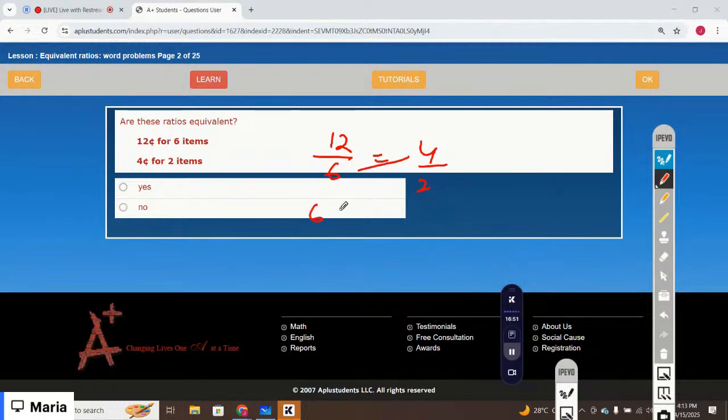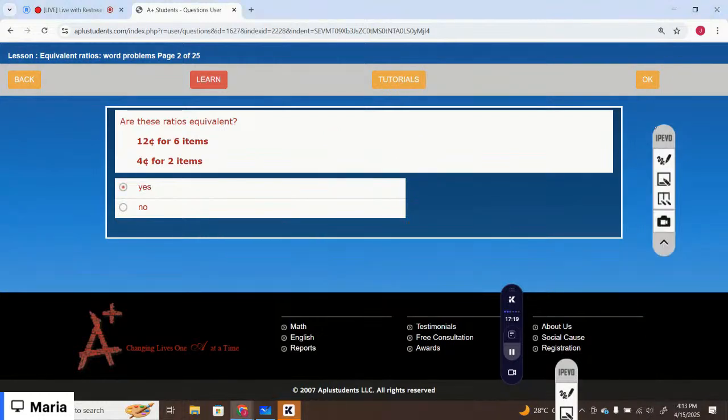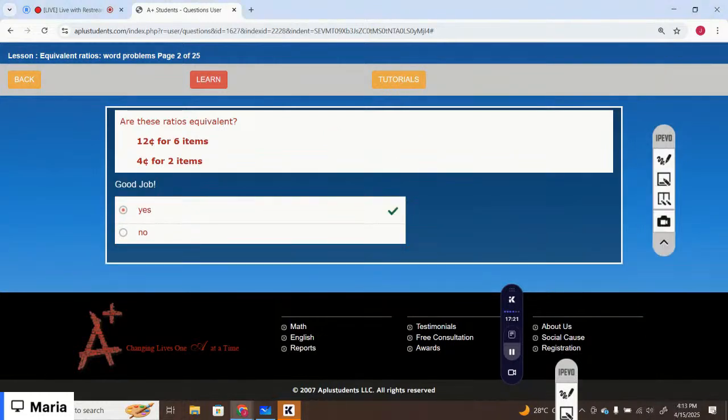So 6 times 4 equals 12 times 2. 6 times 4 is 24 and 12 times 2 is 24. So both sides are exactly equal, right? That means these ratios are equivalent. Yes, they are exactly equivalent. Option number 1 is the correct option.